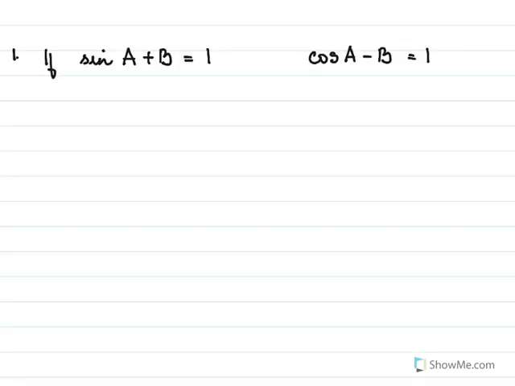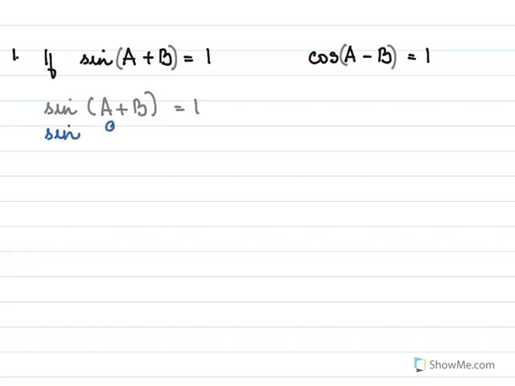If sine of a plus b equal to 1 and cos of a minus b equal to 1, we need to find a and b. So let's start with the first. It is given to us sine a plus b equal to 1. Let's go to our table and find out sine of which angle is 1.